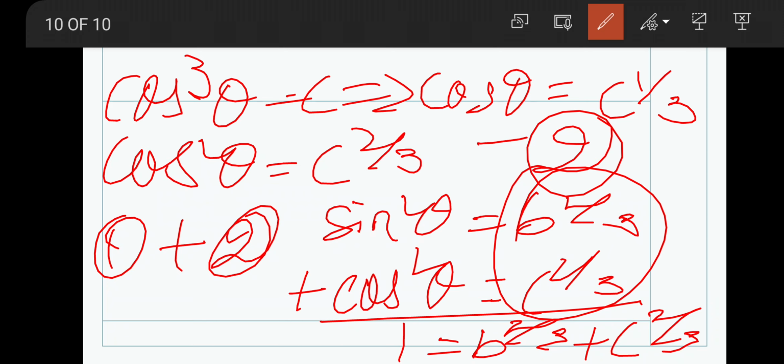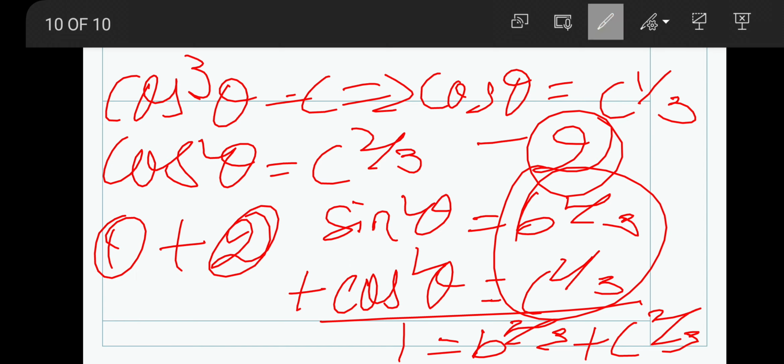Basically, in this elimination, whenever they give you some trigonometric ratios, you first have to check whether there is any relation between those two ratios, and then make the equation by subtraction or addition somehow.